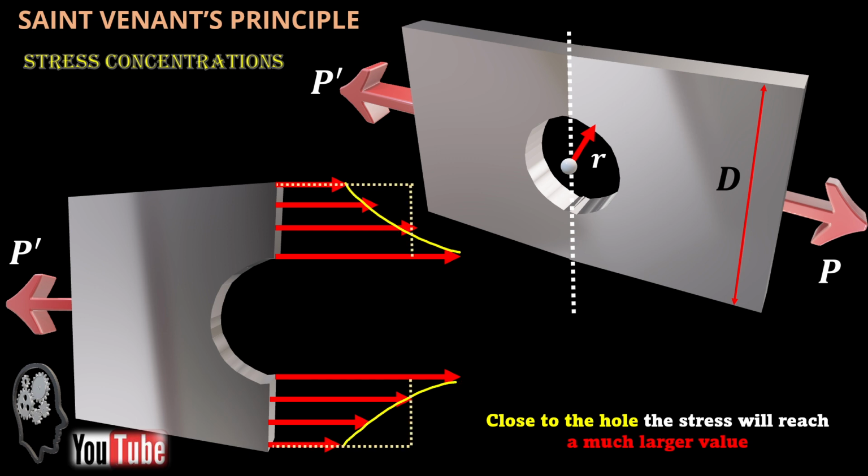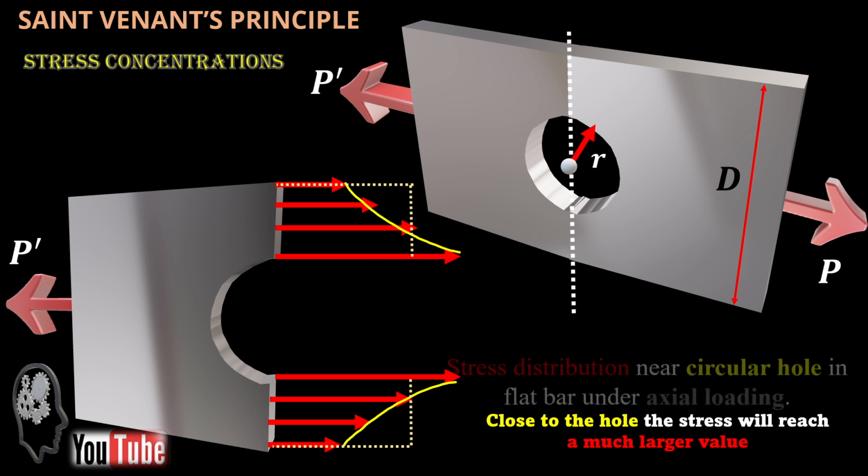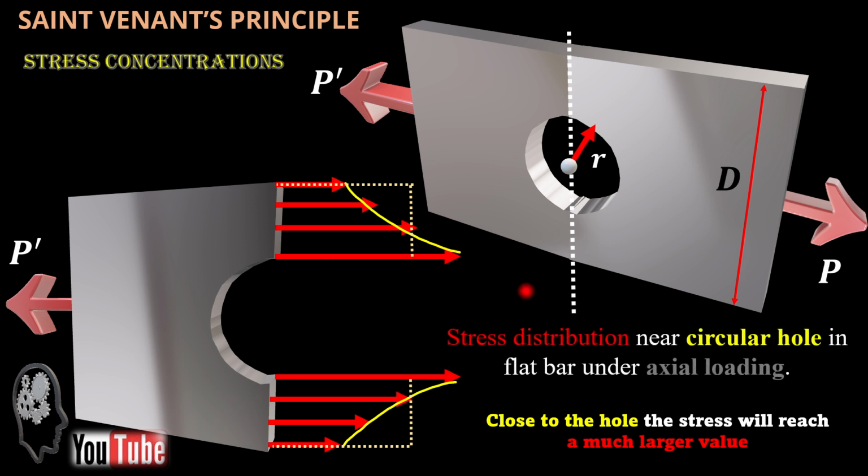The closer to the hole you are, the more stress you experience. So this is the stress distribution: this is the far end, this is the close end. What we calculated is an average value. It's not the real value of sigma maximum close to the hole.